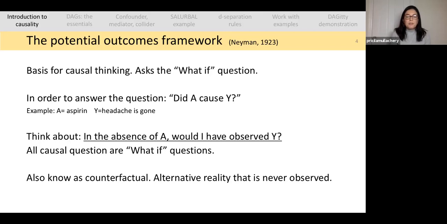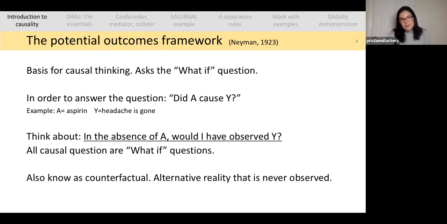Usually when we talk about causal inference, we are talking about interventions or experiments. We want to ask whether the outcome would have happened if the intervention didn't occur. I'll give a practical example.